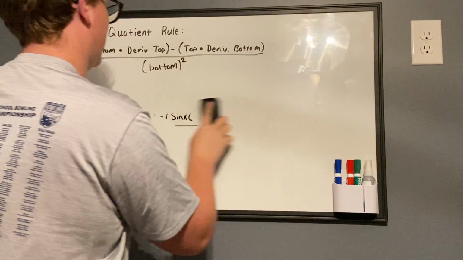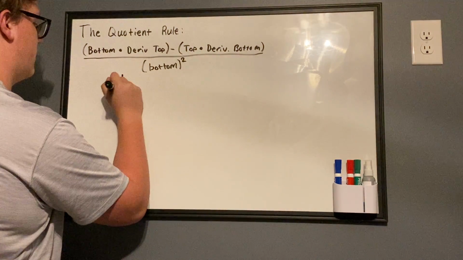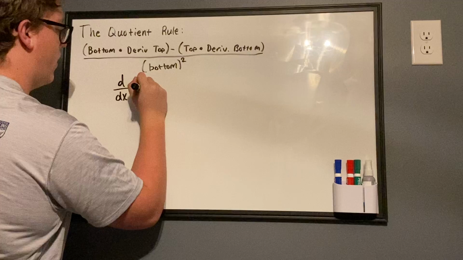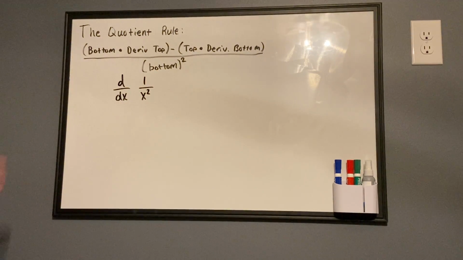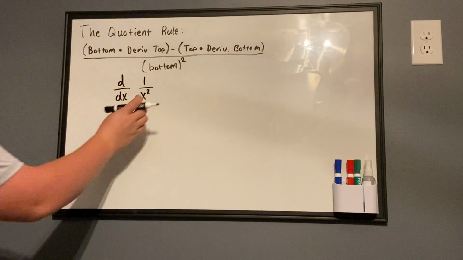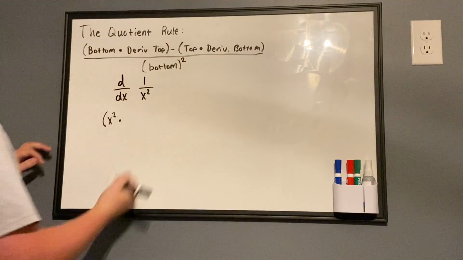Let's go ahead and do another example here of the quotient rule. Let's try, we want to find the derivative of 1 over x squared. Okay, so we have a quotient here, so we can use the quotient rule. So let's do it. The bottom function right here is x squared, multiplied by the derivative of the top.